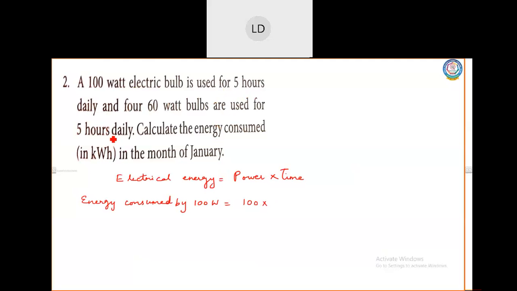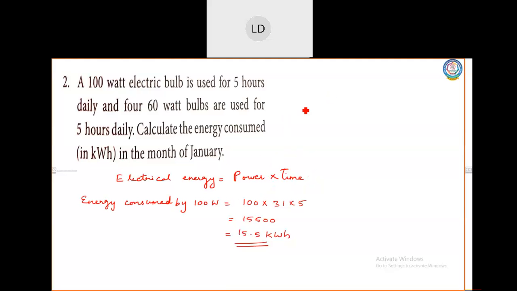So in one day we use it for 5 hours, and we need to calculate it for 31 days. So it will be 31 into 5. When I simplify this, the answer will be 15,500. But we need to express this in kilowatt hour. So this will be 15.5 kilowatt hour. So this is the energy consumed by a 100-watt bulb for the month of January, if it is used for 5 hours per day, right?